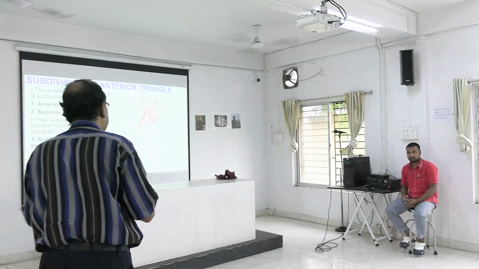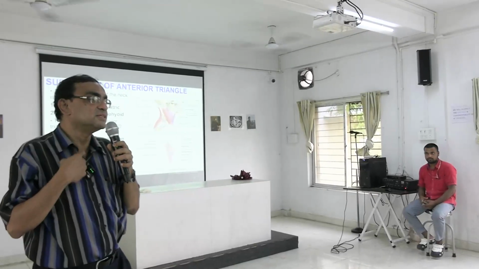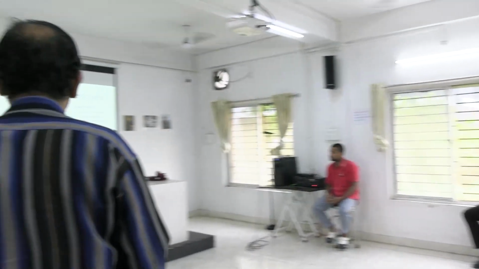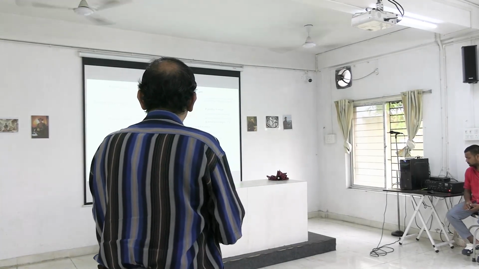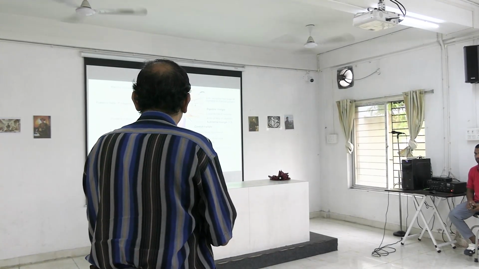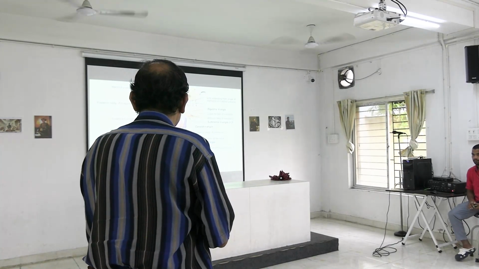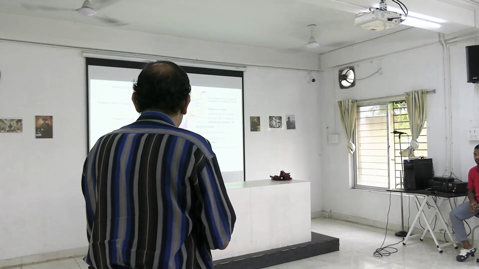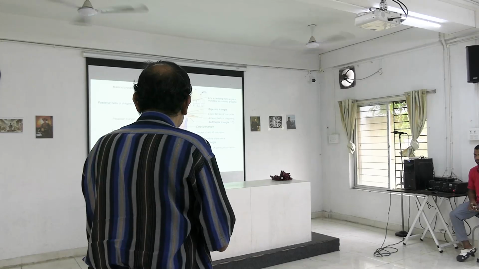So, in the muscular triangle, we can get all these muscles, and these muscles look like a strap. So, they are called strap muscles. Here we can get the subdivision of the anterior triangle. This is the anterior belly of the digastric, this is the posterior belly, this is the central tendon.